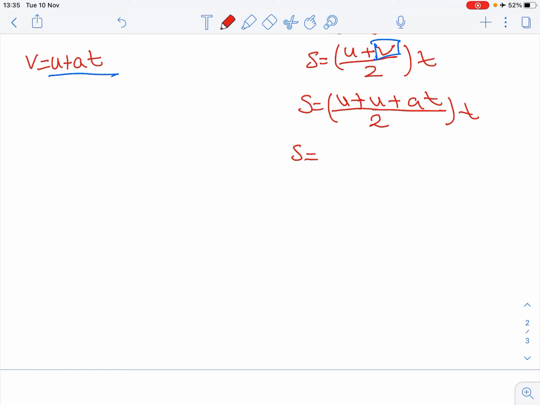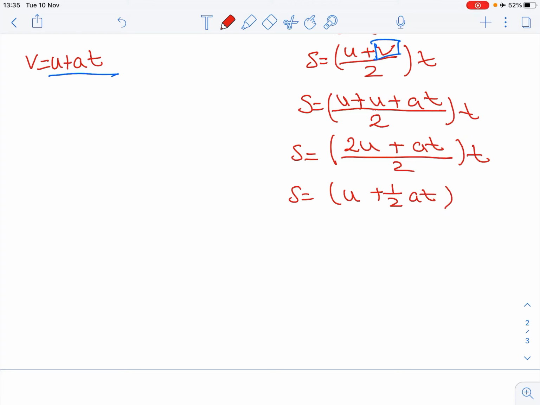Simplify the top: u plus u is 2u plus at. Half it, multiply by t. So 2u divided by 2 is u, and at divided by 2 means plus half at, multiplied by t. Then we're going to expand our bracket.